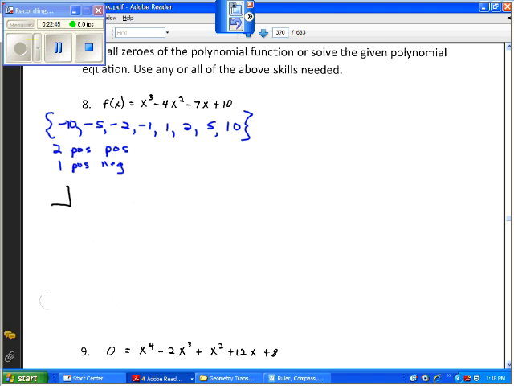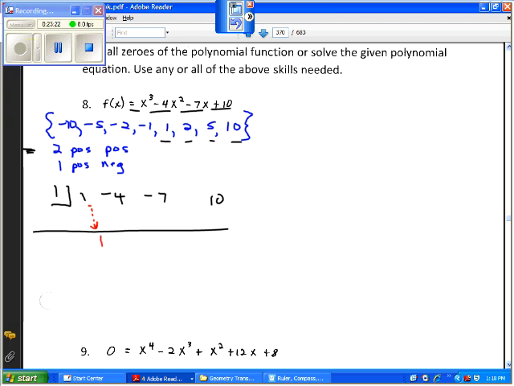So to do our synthetic division, we're going to take the coefficients, 1, negative 4, negative 7, and 10. There's twice the odds of getting a hit on a positive than a negative, so we're going to start testing these positives. So we'll start with 1. In synthetic division, we bring down that 1.